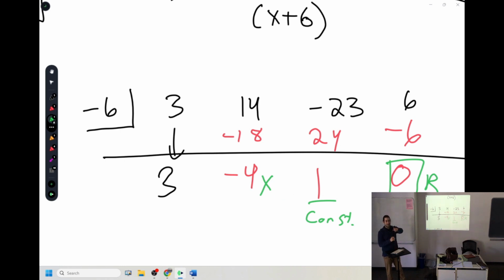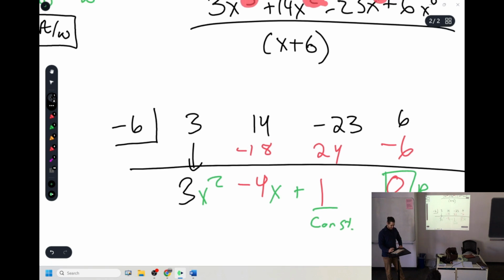No, I went like this. Oh wait, I thought there wasn't a minus sign there. I forgot there was a minus sign there.